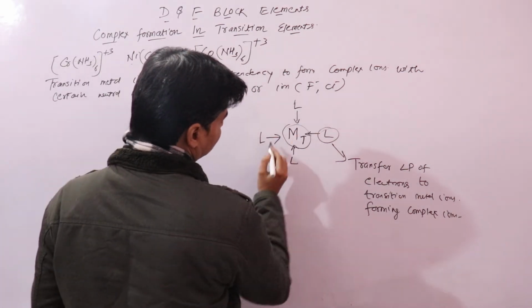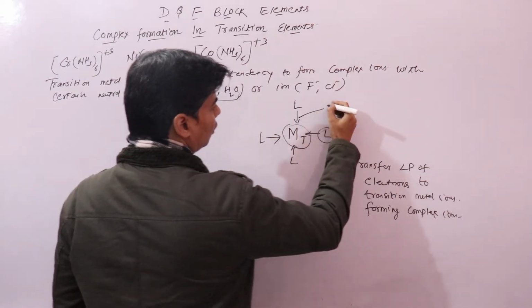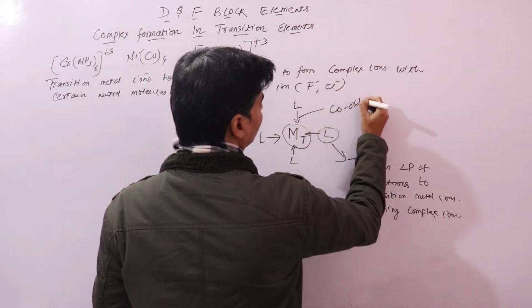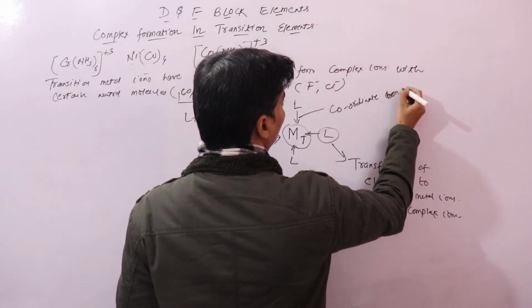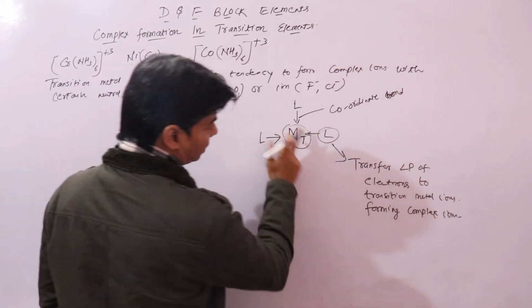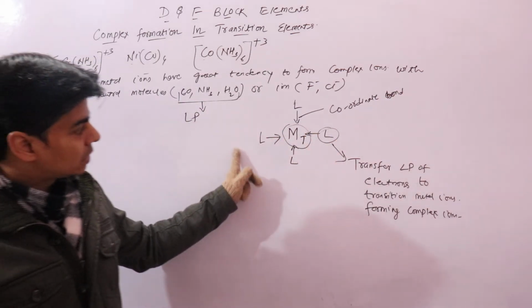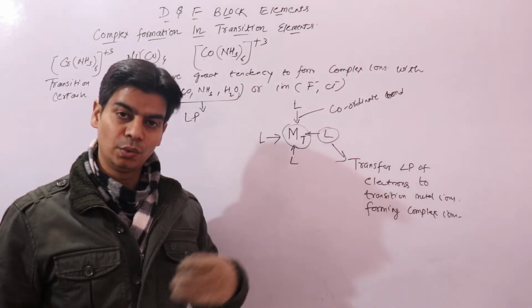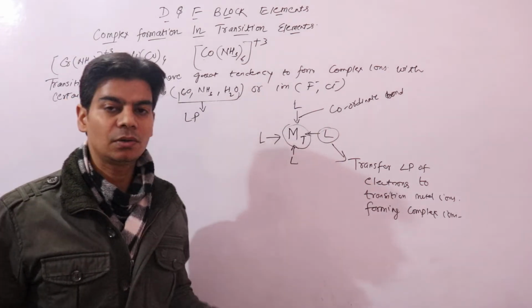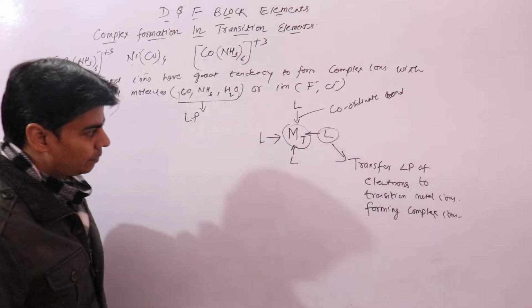So these ligands form coordinate bonds with transition metal ions. That is why the compounds that are obtained are known as coordination compounds. We will be doing these in detail in the chapter coordination compounds, right?